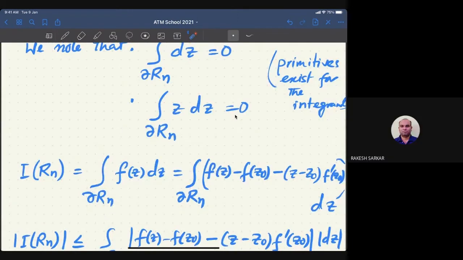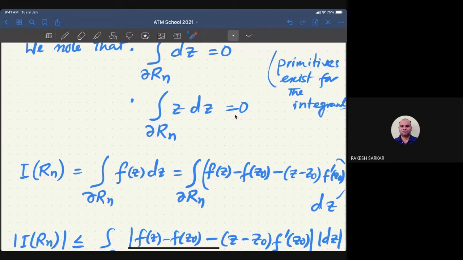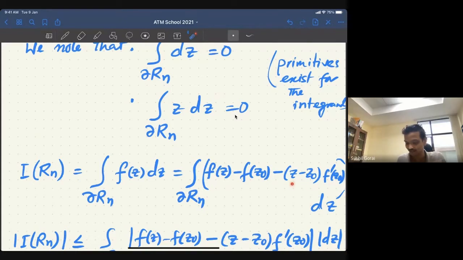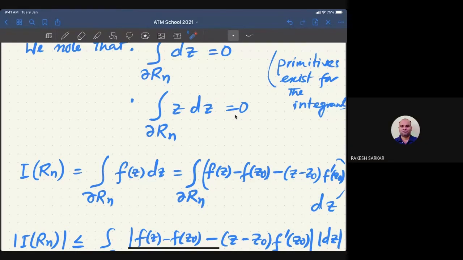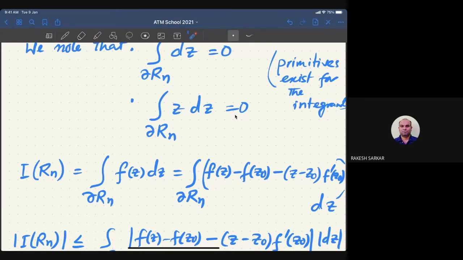So there will be some part which is z which might be remaining. Other things are constant. So that comes to be the integral of z dz, right? Yes, a constant multiple of the integral of z. Right. So that's why the integral of this one is also 0. So you get this one. All right. Okay, sir.